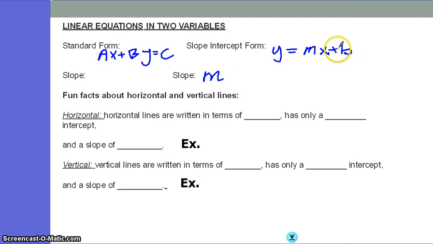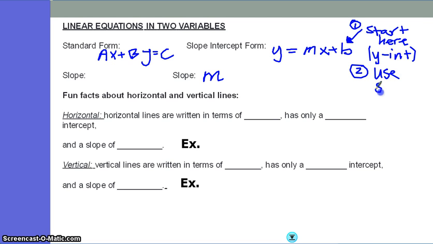The slope is represented by just the m. And if you remember how to graph these, to graph, you're going to start here, and this is going to be your y-intercept. So that would be step 1, and step 2 would be to use the slope.